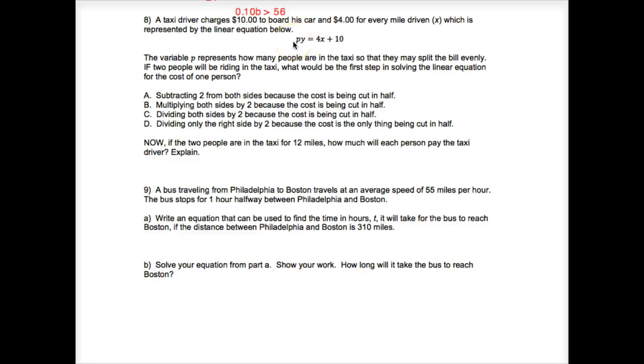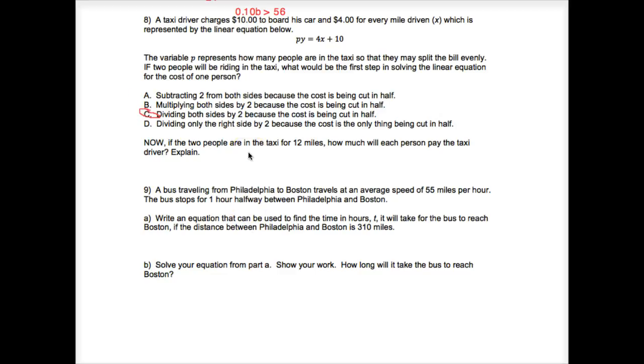So if we want to find Y, and I've just put in a 2 in place of P, that is why the correct answer here is C, because in order to get the Y alone, I'd have to get rid of the value of P that I just plugged in, which was 2. So the correct answer here is C, dividing both sides by 2 because we're cutting the cost in half.